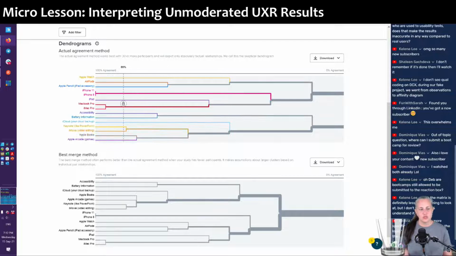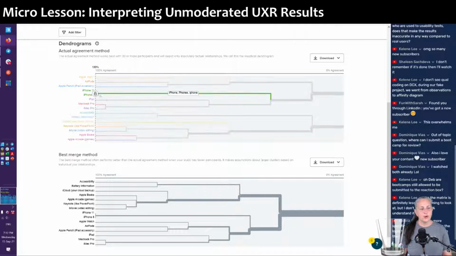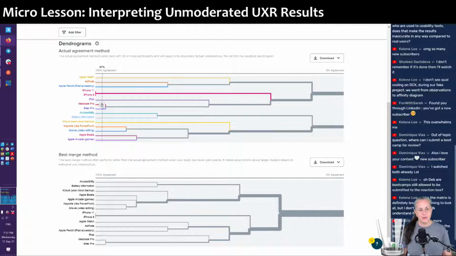This is the actual. So again, we can take a look at this and we can see iPhone 11 and 8 tended to go together very strongly, and later on in the chain, they met up with iPad, MacBook Pro, and iMac Pro. We can see this from the way that this is drawn.